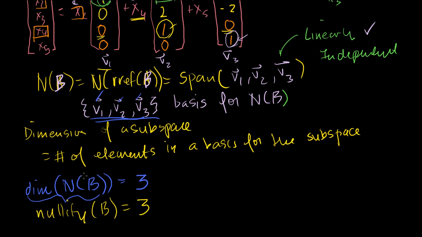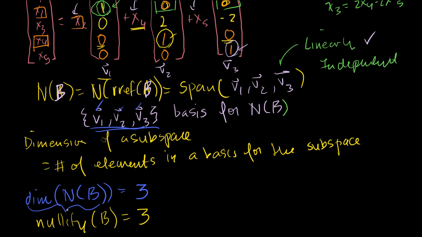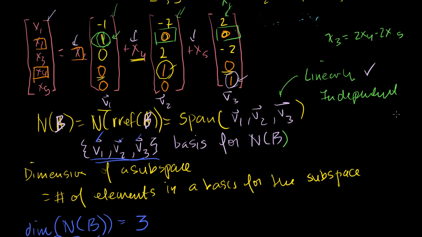And let's think about it. I went through all of this exercise. But what is the nullity of any matrix going to be equal to? It's the dimension of the null space. Well, the dimension of the null space, you're always going to have as many vectors here as you have free variables.